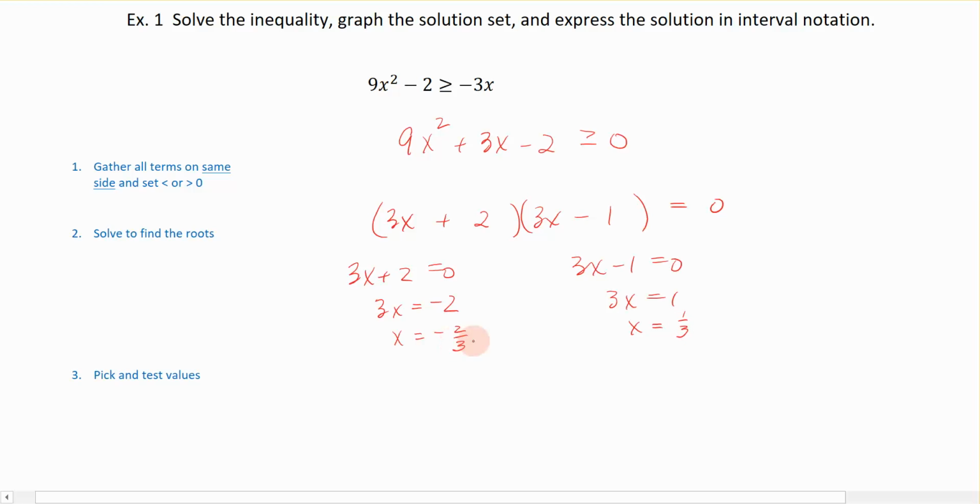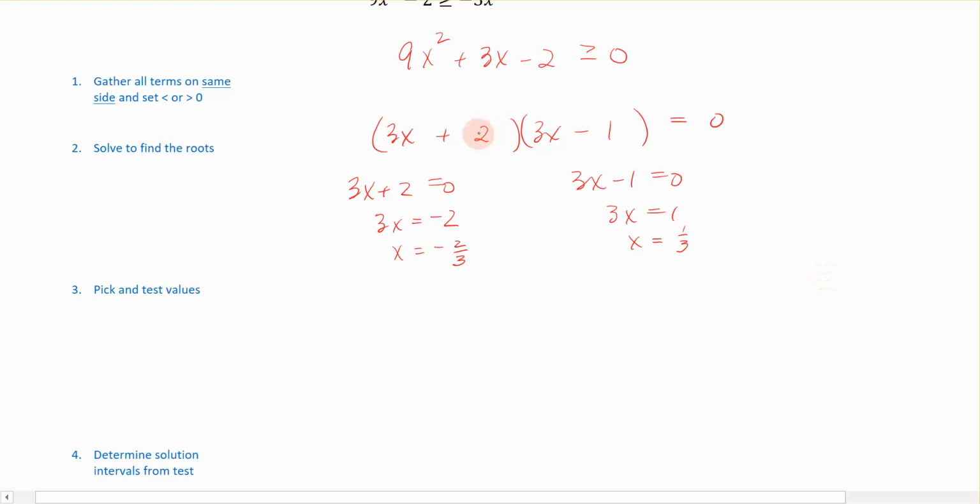Remember, these are the roots of my function. This is where I'm crossing or touching the x-axis. And since the multiplicity of these factors is 1, we are going to be crossing the x-axis. But what we're going to do is take these roots and draw them on a number line. Okay?